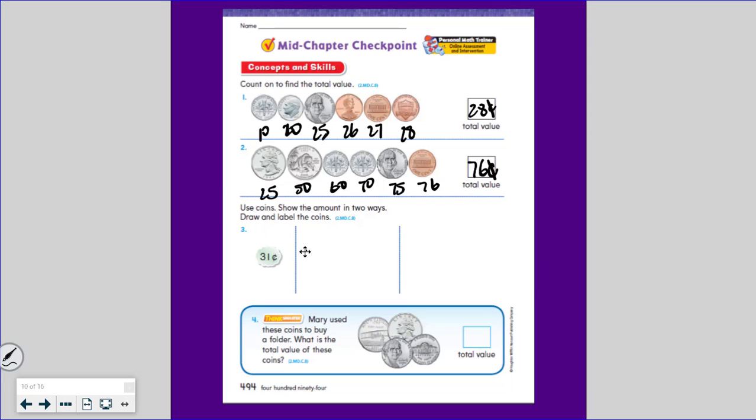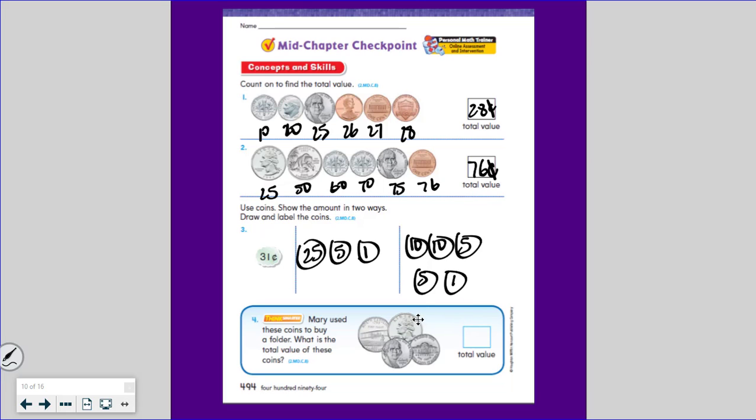So you could have a quarter, that's 25. And then a nickel gets me to 30. And then a penny gets me to 31. Instead of using a nickel, I could use 2 dimes and a nickel, because that gives me a quarter. 2 dimes and 1 nickel is the same as a quarter. 25, 10, 20, 25. And then still use these same two. A nickel and a penny gives you 31 cents. 10, 20, 25, 30, 31 cents.